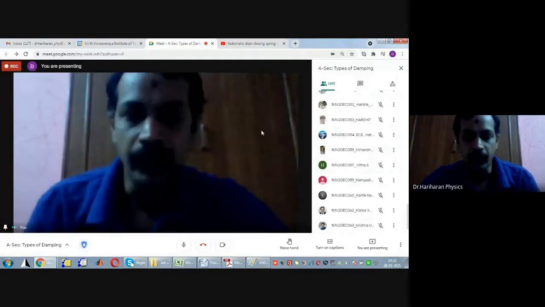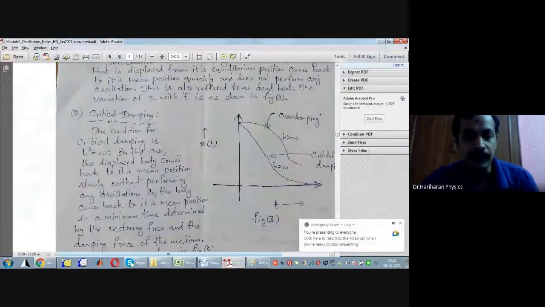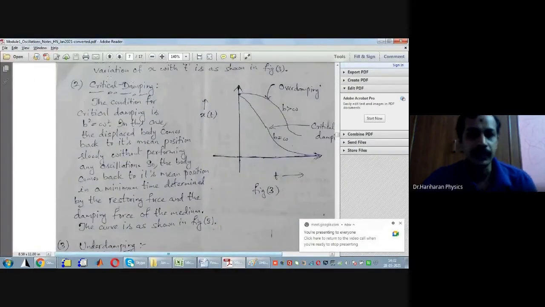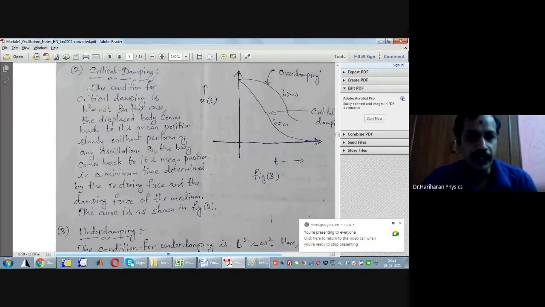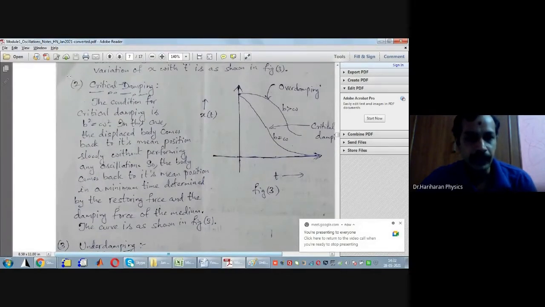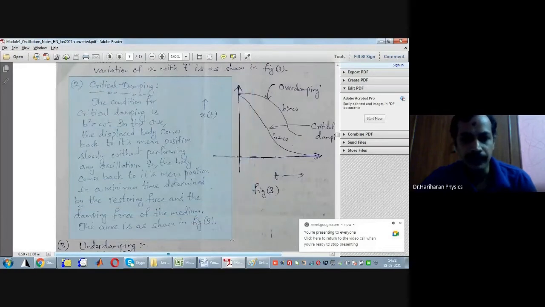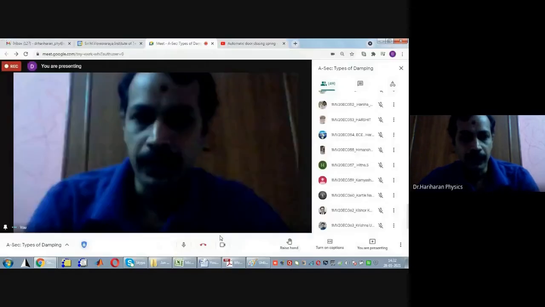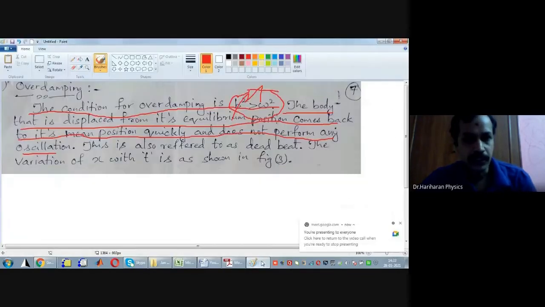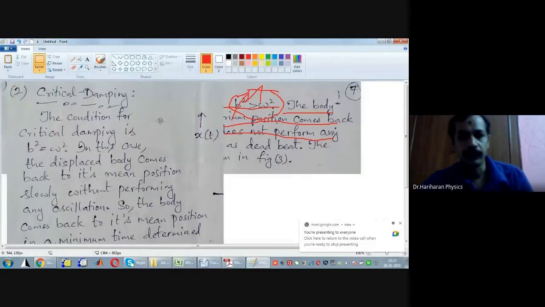Next, we'll go to the next type of damping. So what is critical damping? Look here. I'll copy the whole thing and put it in Paint. I'll put this one on top.